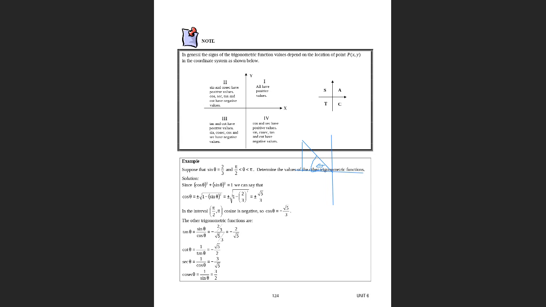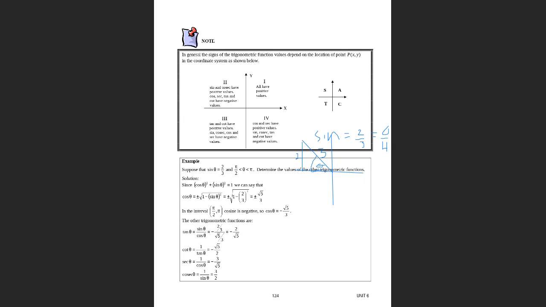And here it has told you that sine equals 2 over 3. So here will be 2 as the opposite. Remember that sine is opposite over hypotenuse. Then the hypotenuse will be 3.